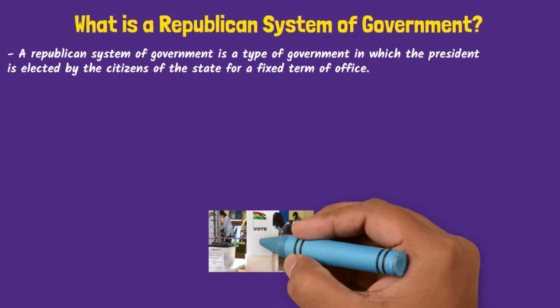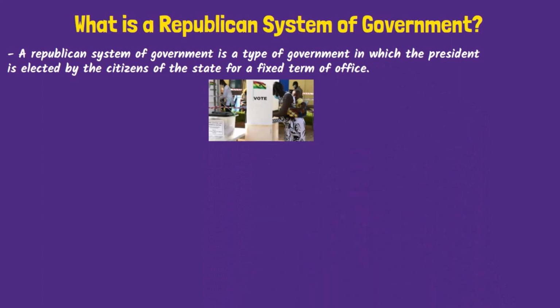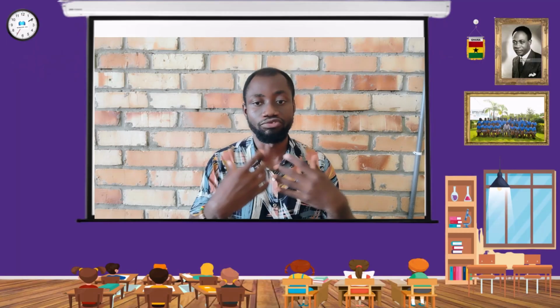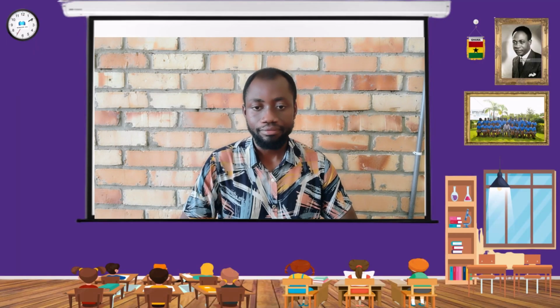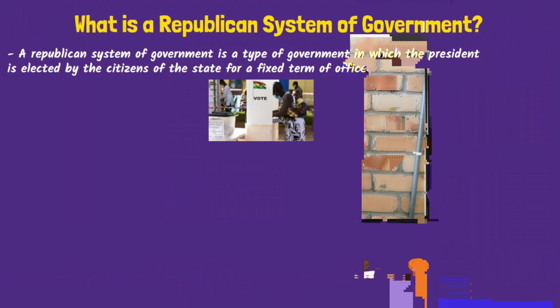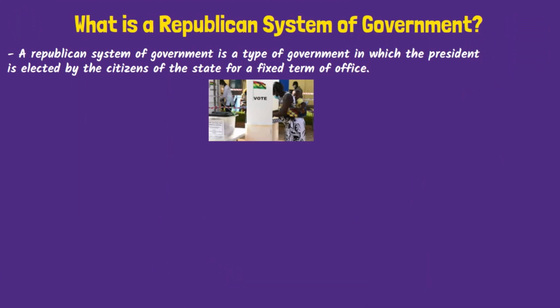Now, the Republican system seeks the supreme interest of the people in the administration of the state. So the people are given the power or the mandate to choose a leader under which they want to serve. Under the Republican system, individual citizens are allowed to choose their leaders irrespective of their sex, religion, or economic and social status.